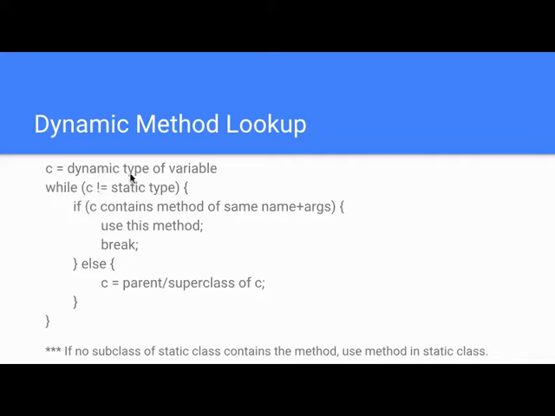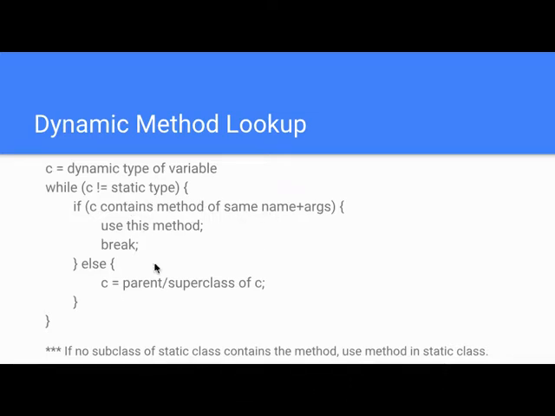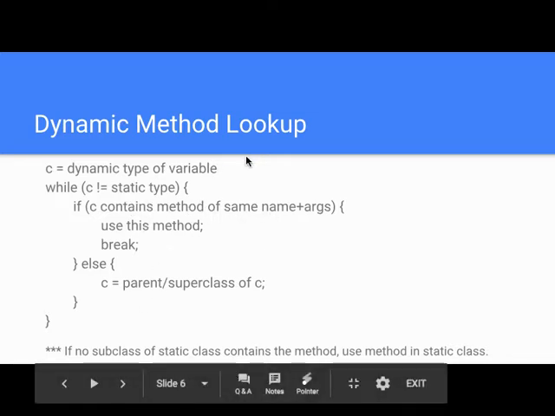And while C is not equal to the static type, we're going to check to see if the class C has this method that can take in those arguments and of the same name. If at this point we do find this method, we're going to use this method, and we're going to terminate this little algorithm going on. Else, we're going to set C to equal the parent or superclass of C and check to see if that class has this method. If it does not, we keep going and going and going until we hit the static class.